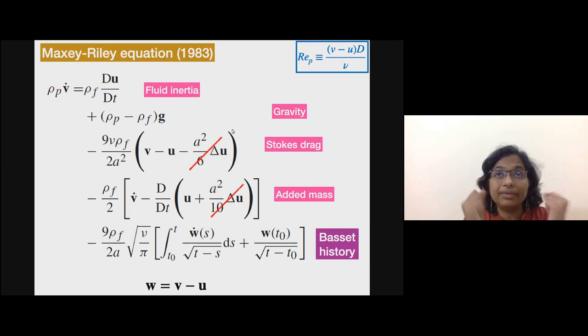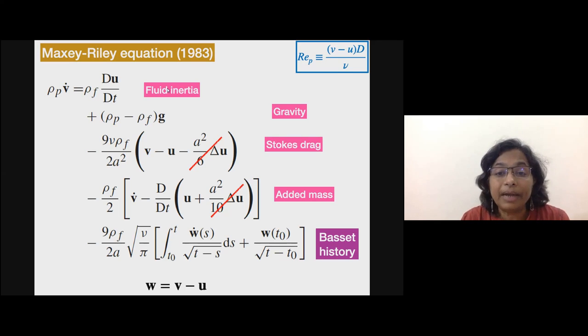Now we have these Lamb-Oseen vortices, and the particles which we throw around in turbulence follow the Maxey-Riley equation. They are in one-way coupling, they're in dilute suspension, and these particles are very small, with very small Reynolds number compared to the fluid. So they are in Stokes flow, except they have an inertia.